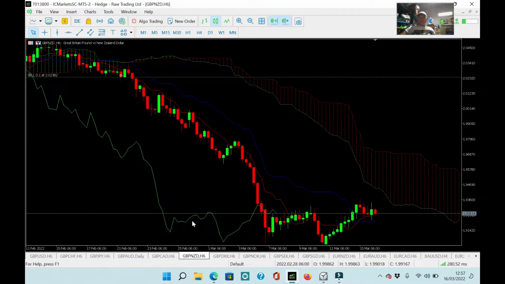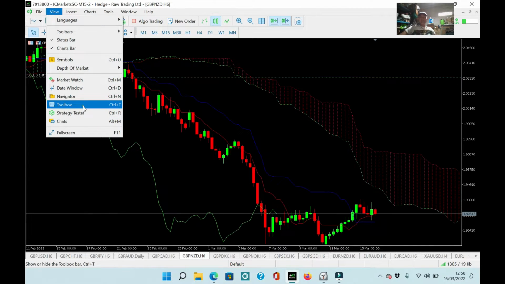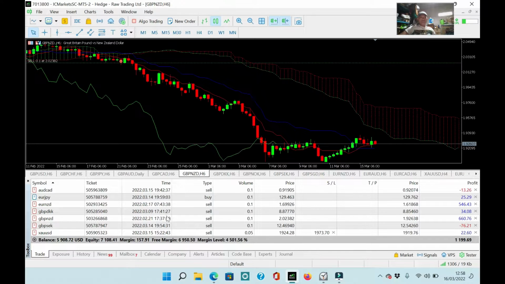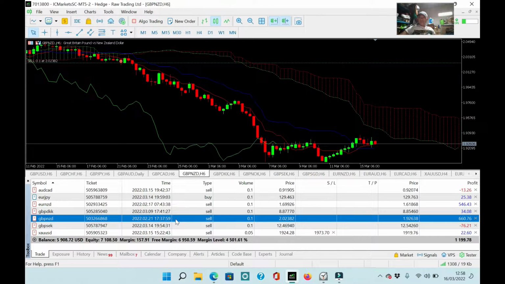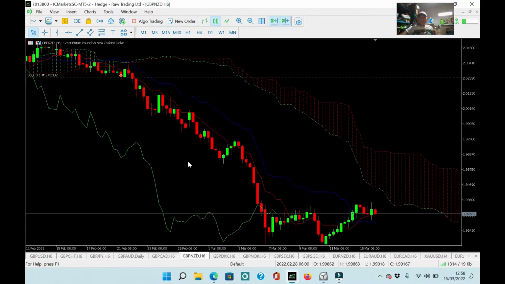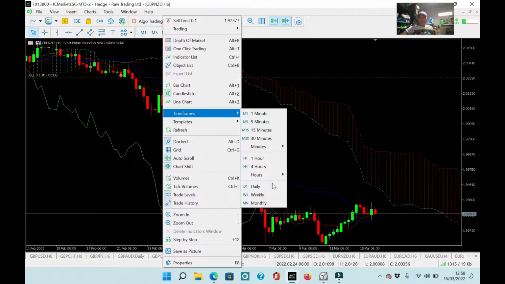This is the pound sterling New Zealand dollar. This is the position that I hold. It's quite long, almost a month. Pound sterling New Zealand dollar is $660, or 660 pips. We will take a look with the 12-hour time frame.